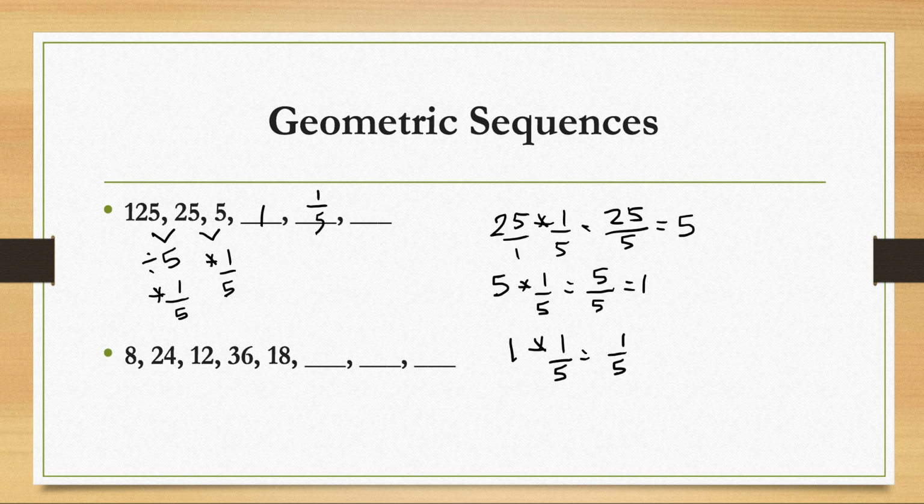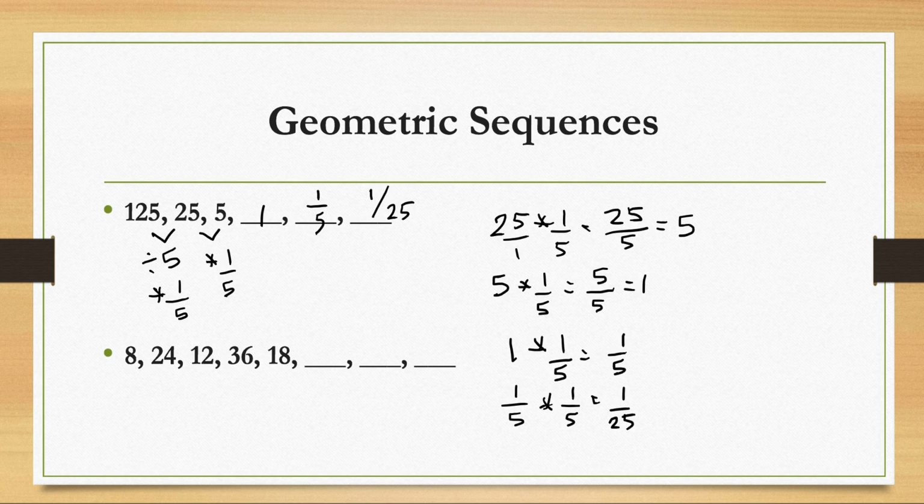And then finally the last one, we're at 1/5. We're going to multiply again by 1/5. That's going to give me 1 over 25. And that will complete that geometric sequence.